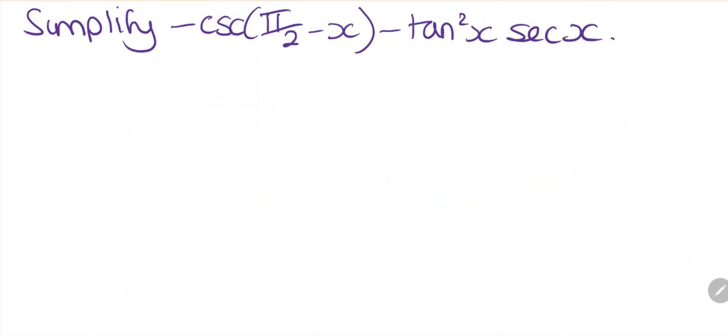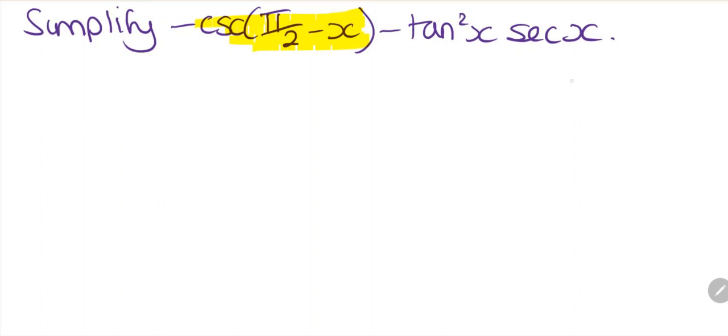Okay, so simplify minus cosecant of pi over 2 minus x. This is a cofunction identity. And then we have minus tan squared x secant x.